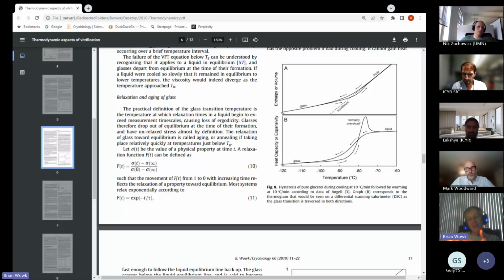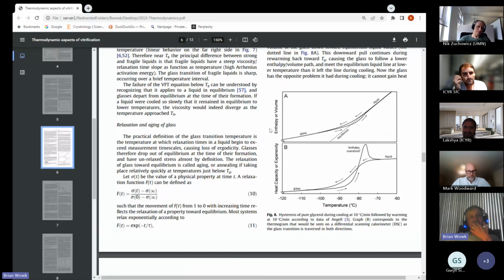Because if we lived on another planet where people did things slower, like say 100 times slower than we usually do, so scientists were more patient, they would actually be publishing glass transition temperatures of their solutions that were probably about 5 degrees lower than ours, just because they were more patient. So that's an interesting thing about glasses, that they are intrinsically a non-equilibrium state.